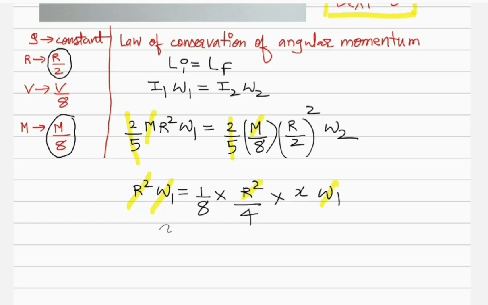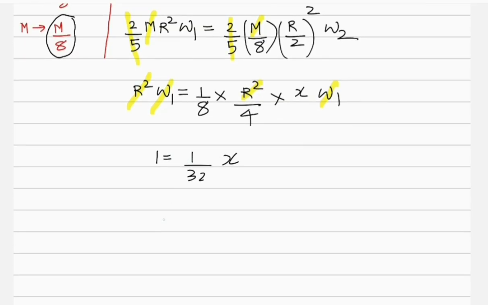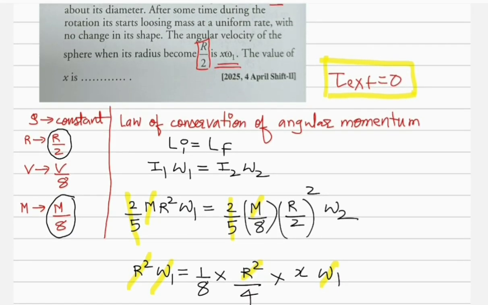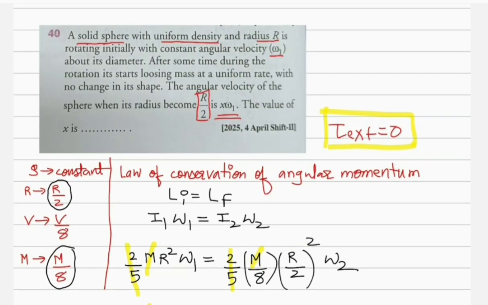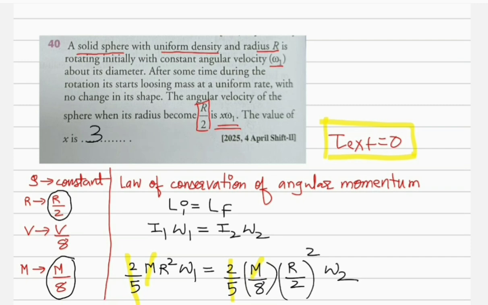So you will be getting, students, 1 is equal to 1 upon 32 into x. Just doing cross multiplication now, we will get x is equal to 32. So the blank is containing x, right? The required value of x is 32. So I can just substitute now. The value of x is 32. This is your answer, okay?